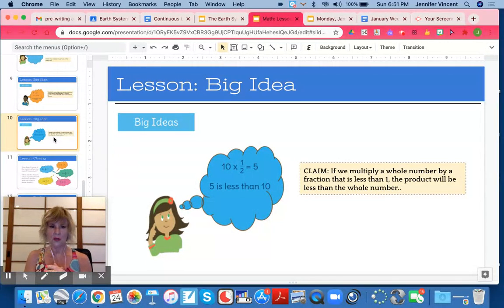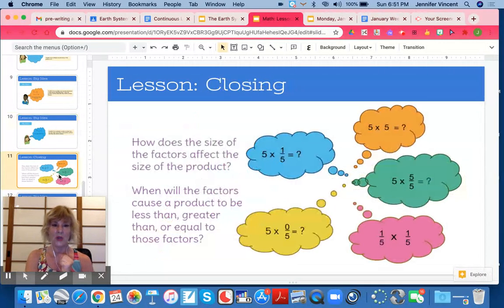Great thinking, Suki. So I can make some connections to our work that we did last week. Basically, when we are multiplying by fractions, our products are getting smaller, right? We're making everything a little bit smaller. So here we go, just a review. If we have 5 times 1/5, what's going to happen?